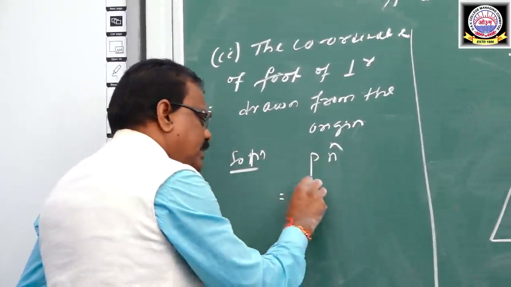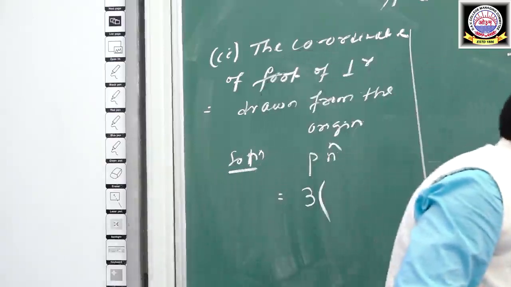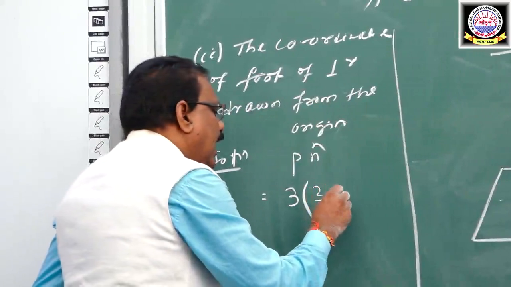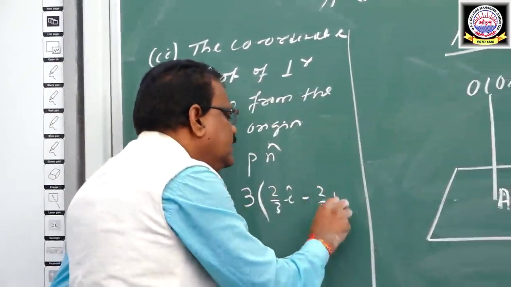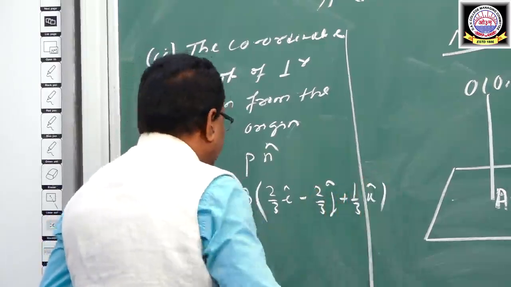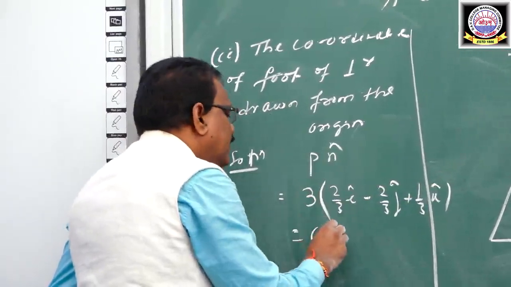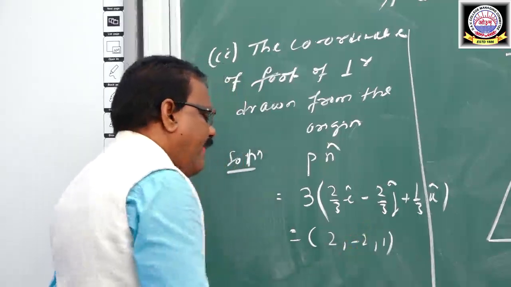What is the value of p? 3. n cap how much? 2 by 3 i minus 2 by 3 j plus 1 by 3 k. Cancelling 3 and 3, what will come? 2 minus 2 1.